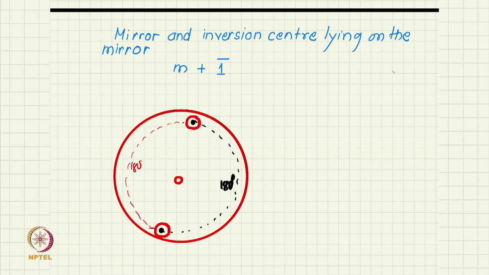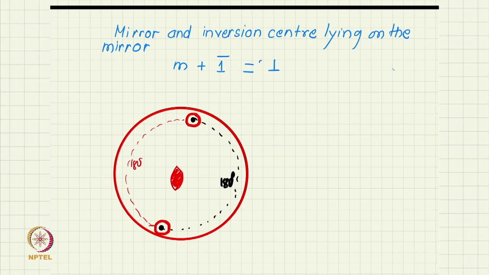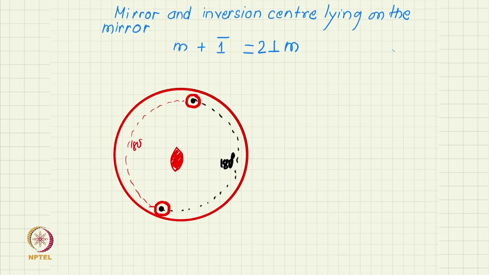So, we really have a two-fold axis in the center, a perpendicular two-fold axis. We can write this in equation form: m plus 1 bar gives a two-fold perpendicular to m. This is an important result.